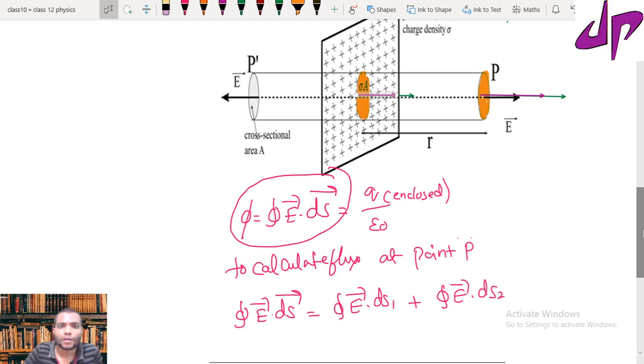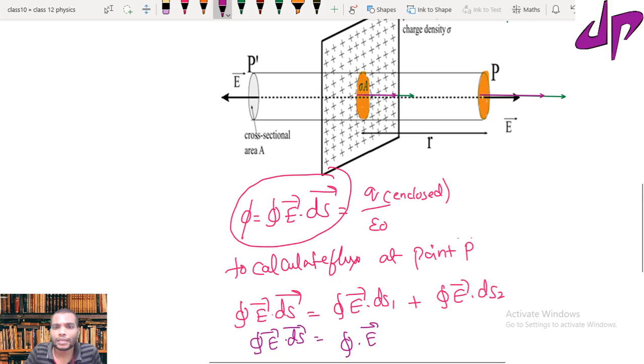If they both are in the same direction, we can write the closed integral of E bar dot dS equal to the closed integral of E dA cos theta, plus the closed integral of E times A cos theta.